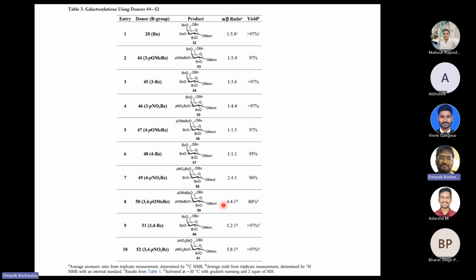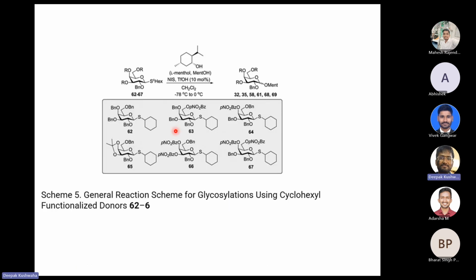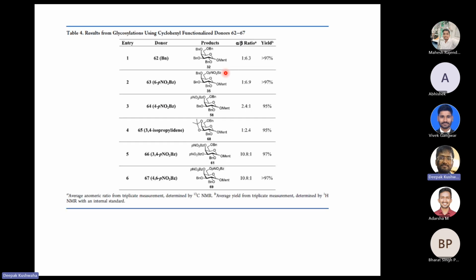So they thought, instead of taking thiophenyl glycoside donors, to take this thiohexyl donor, which is known to be more reactive, so that it can be activated easily. In that case, they observed that in all of the cases the reaction is getting completed at similar activation conditions and similar time.